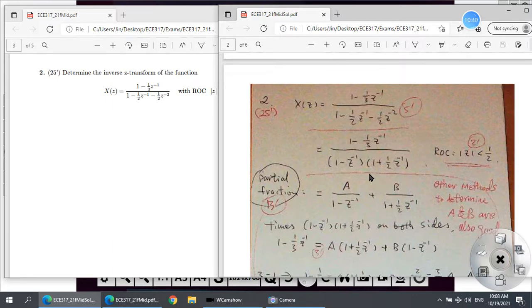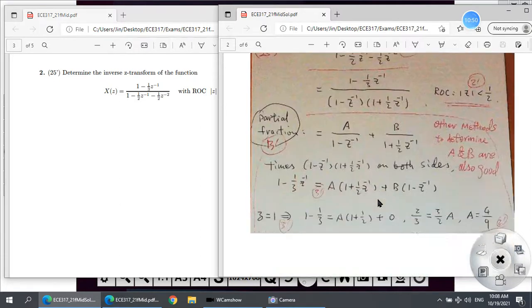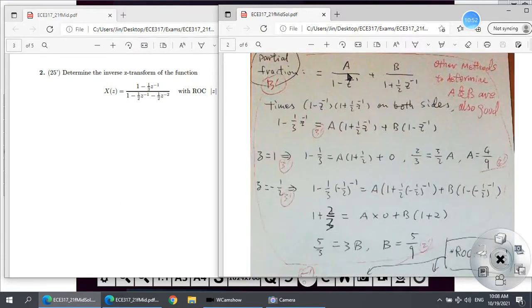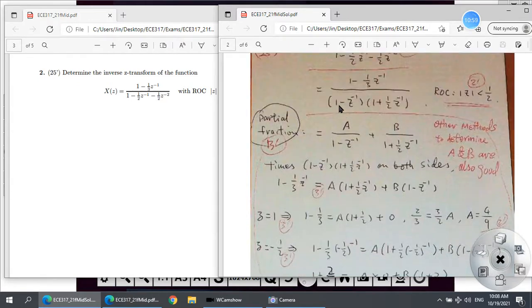Anyway, then we will write this in terms that look like this, right? This is partial fraction, and we will try to find this A and B. Here's a way to solve the partial fraction. We multiply the whole denominator in this fraction on both sides.